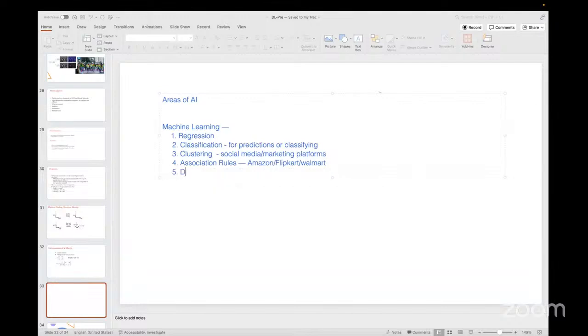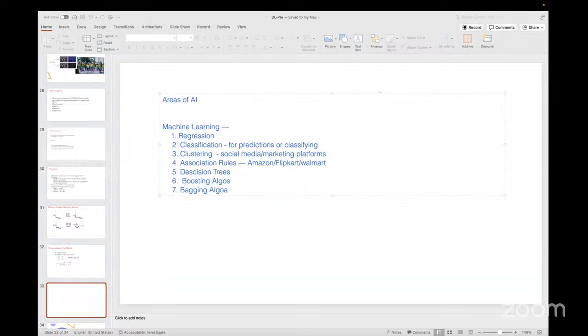Then we teach decision trees, then boosting algorithms, bagging algorithms. These are the areas that we cover in machine learning.